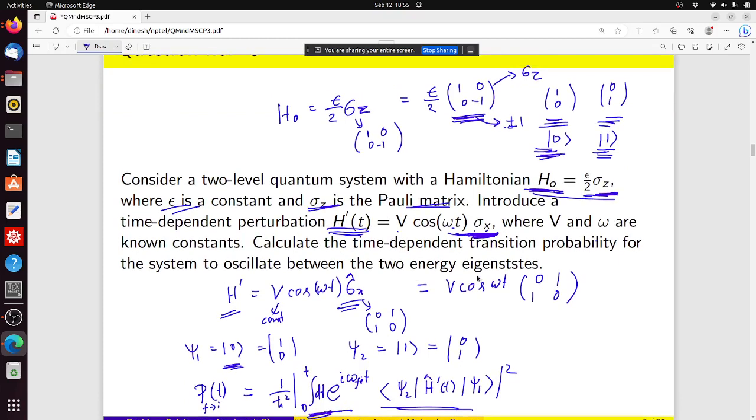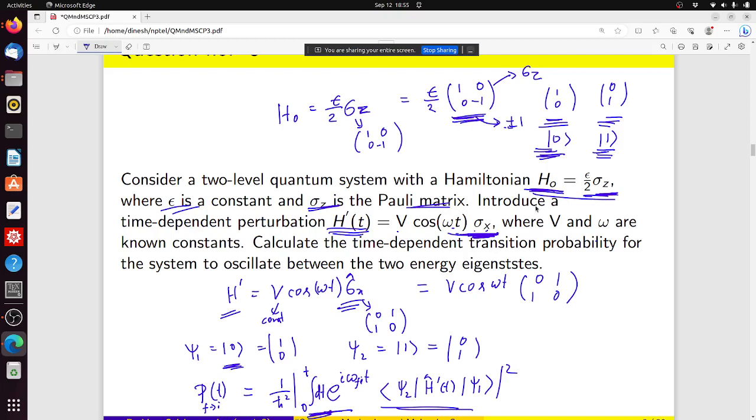Yeah, if you consider them as vectors maybe. Vectors, yes. But they are not vectors, they are matrices. So previously I did a problem where initially the state was in sigma z, then I asked you to calculate the expectation value that can be found in the sigma x direction, right?